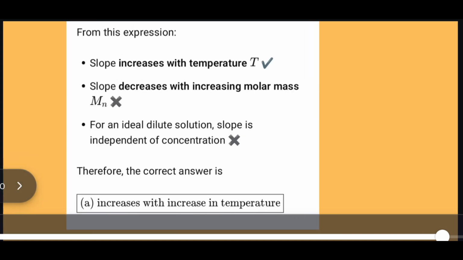From this expression, slope increases with temperature T, slope decreases with increasing molar mass. So slope increases with temperature, that is the correct one. Slope decreases with increasing molar mass Mn, that is wrong. And for an ideal dilute solution, slope is independent of concentration, that is also wrong. So, therefore, the correct answer is option A, increase with increase in temperature.